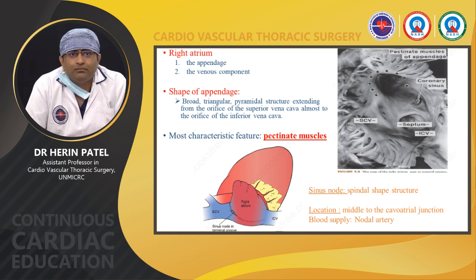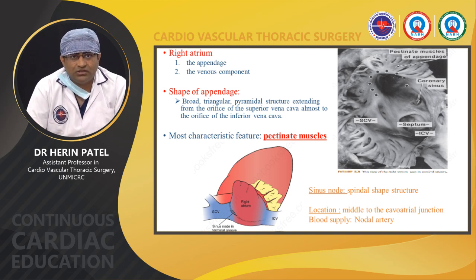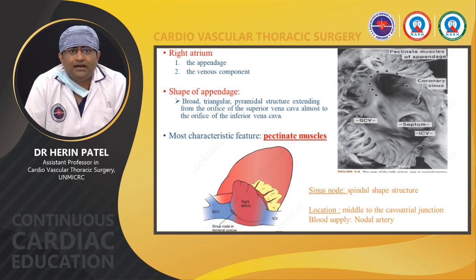Based upon the right atrial appendage, the situs of the heart and the situs of the body is termed. Situs solitus means the right atrium is located on the right side of the left atrium, and situs inversus means the right heart is located to the left of the left atrium. The most characteristic feature of the right atrium is the pectinate muscle.